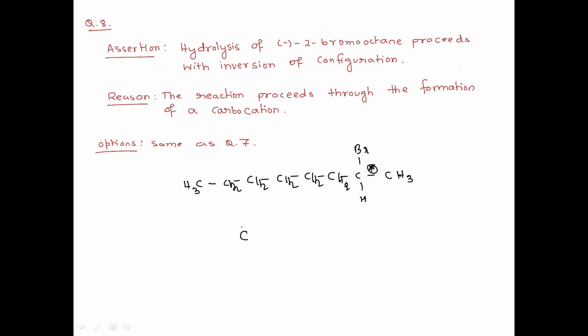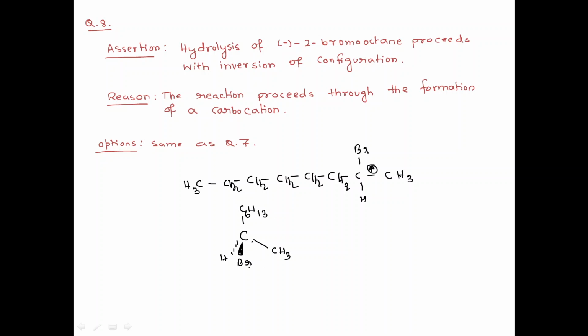So I'll draw it like this: the C6H13 chain, with Br placed above, hydrogen below, and CH3 here. So this is the correct representation of 2-bromooctane.